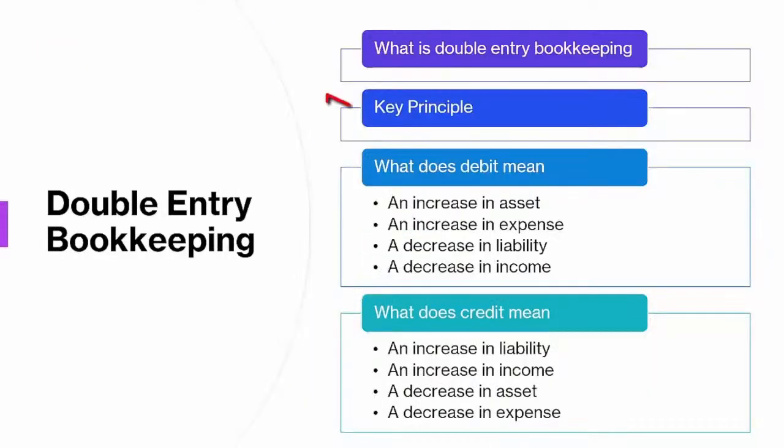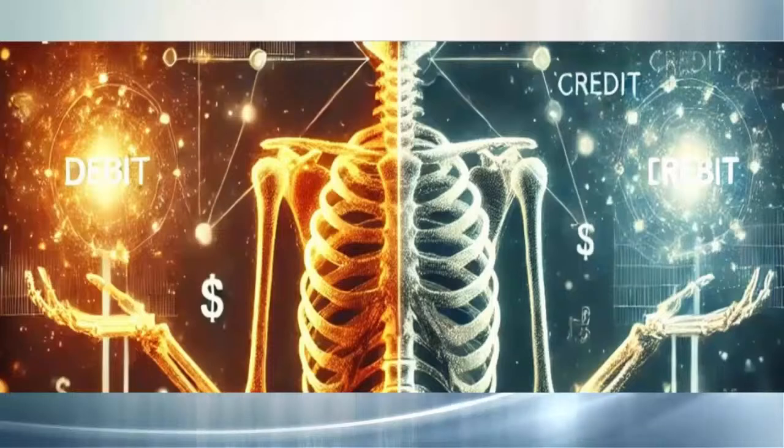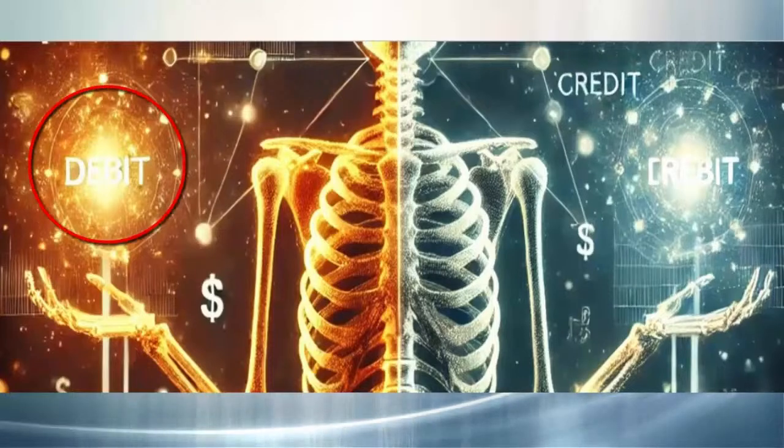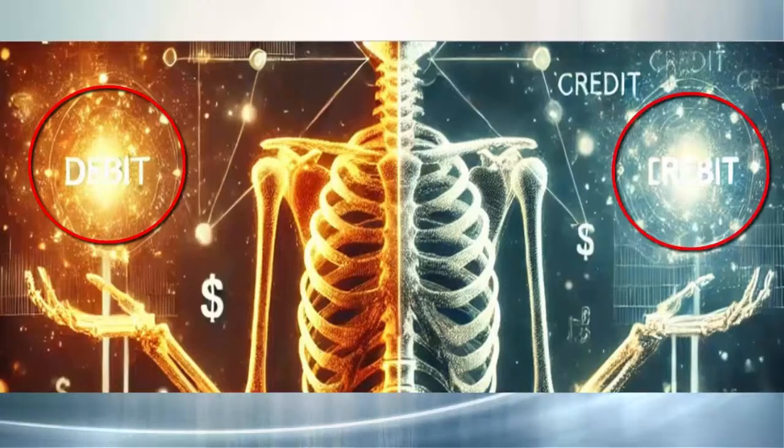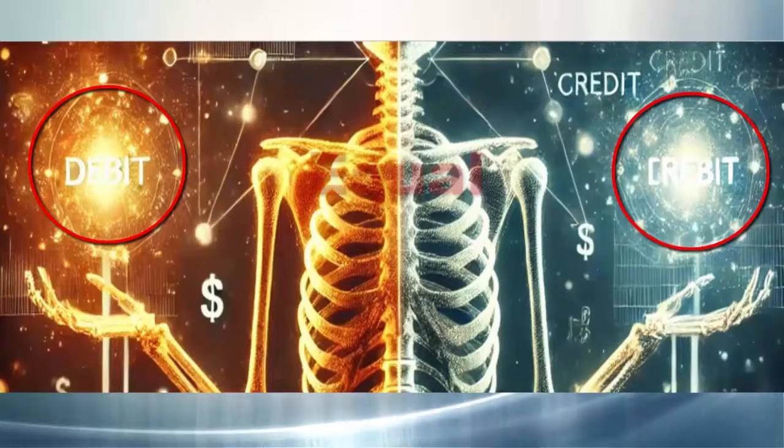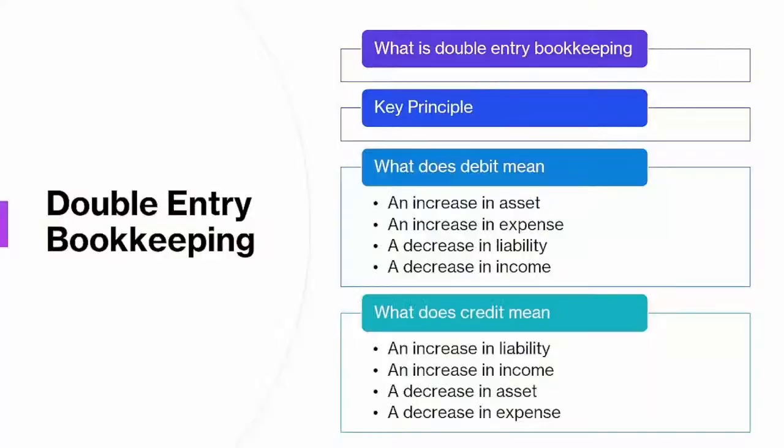Key principles of double entry bookkeeping. For every transaction, 1. You'll make at least one debit entry on the left-hand side. 2. You'll also make at least one credit entry on the right-hand side. 3. The total debits and total credits for each transaction will always be equal. Understanding debits and credits. Debit, left side.